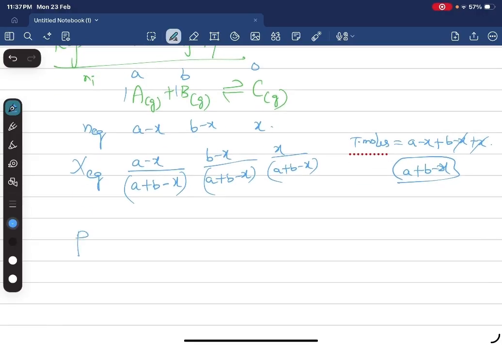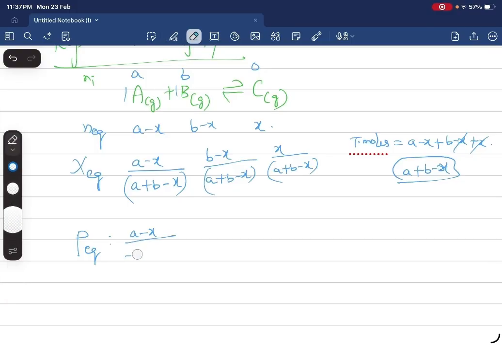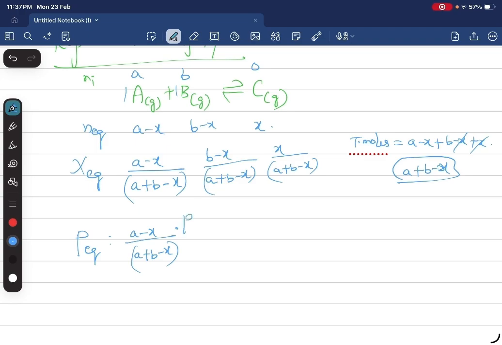Now partial pressure at equilibrium, how to write it? Mole fraction of A, A minus x by A plus B minus x, into total pressure P. Similarly, B minus x by A plus B minus x into total pressure, and x into P by A plus B minus x. This is how we can write it.